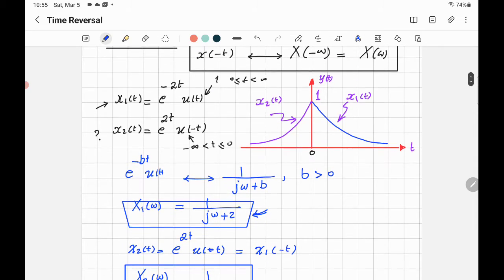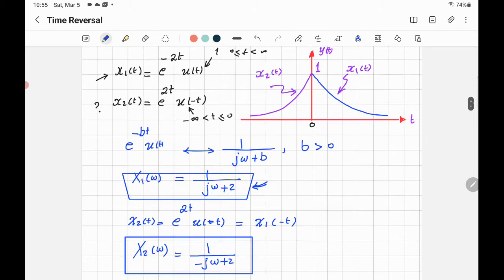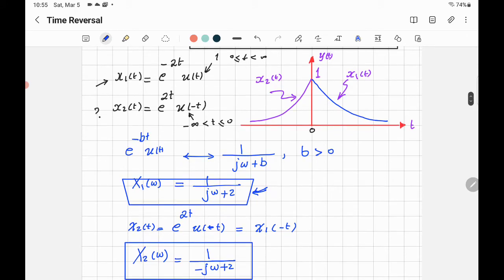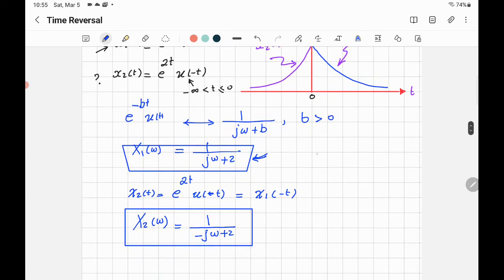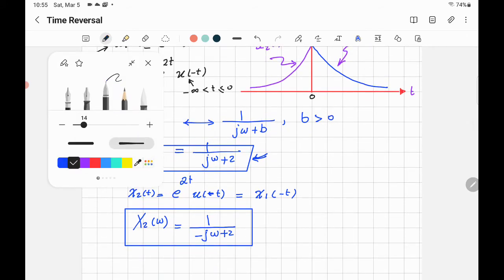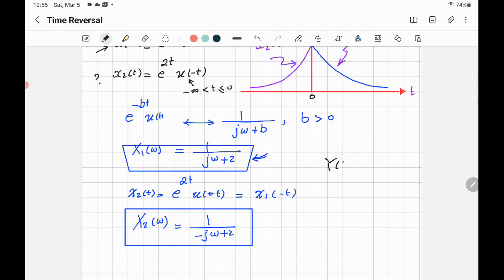Well, if you want to find the Fourier transform for the whole thing, this can actually be written in compact form. It should be lowercase y of t, and if you write it like e to the minus 2 absolute value of t, that will give you the same thing.